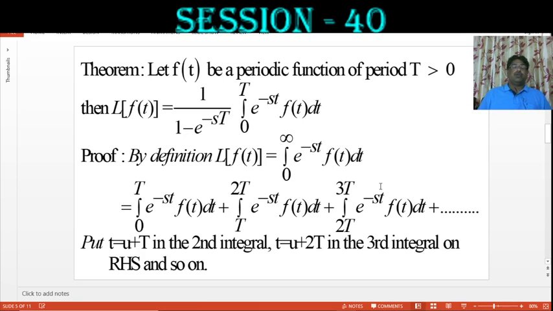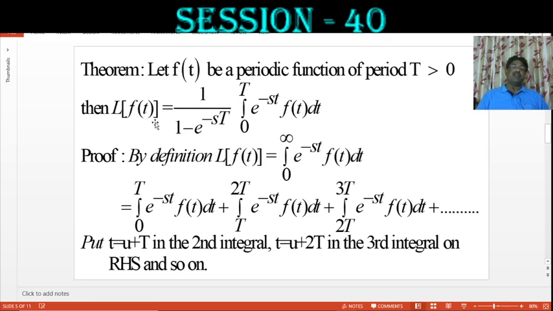Now, we have to find the Laplace transformation of a periodic function. Let f of t be a periodic function of period T which is greater than 0, then L of f of t is equal to 1 divided by 1 minus e raised to minus sT, times integration 0 to T of e raised to minus st into f of t dt. You can take this as a theorem.